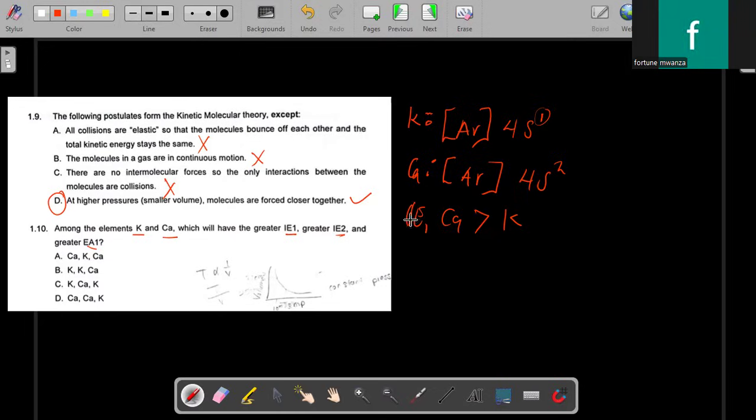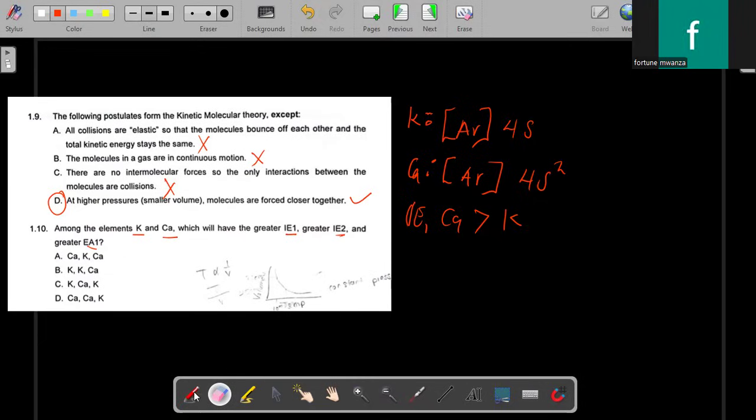Then let's go to the second part, which is the second ionization energy. We assume we've removed an electron there, so we are remaining with 0 electrons in the s orbital for potassium. Here we've removed 1 electron for calcium, meaning we are remaining with 1 electron. The energy needed to remove the second electron from an orbital is the second ionization energy.